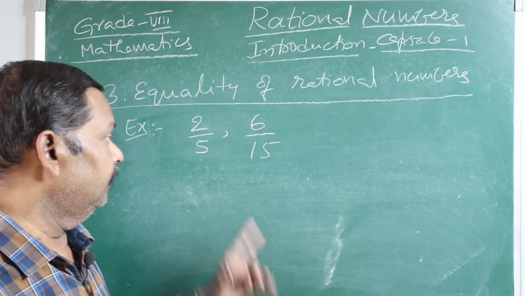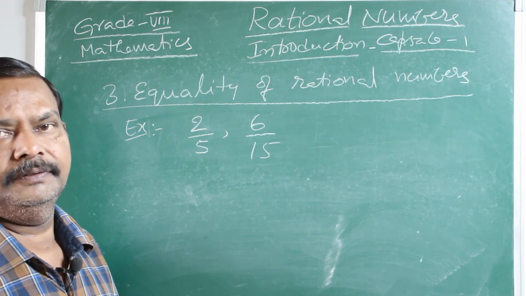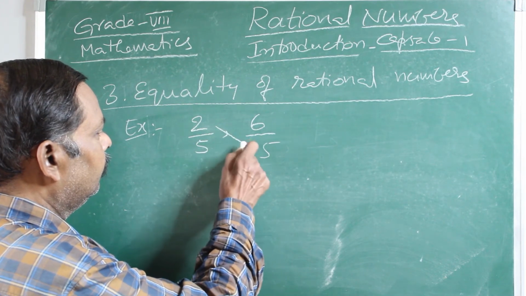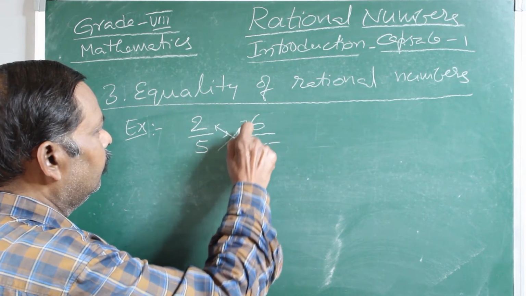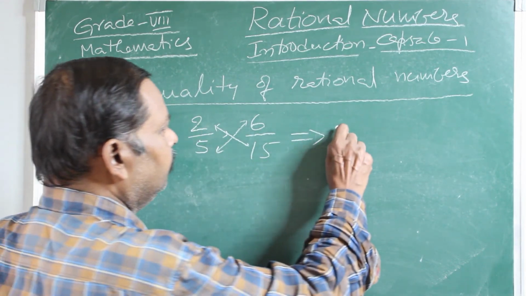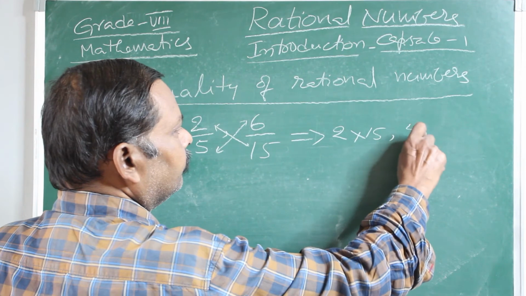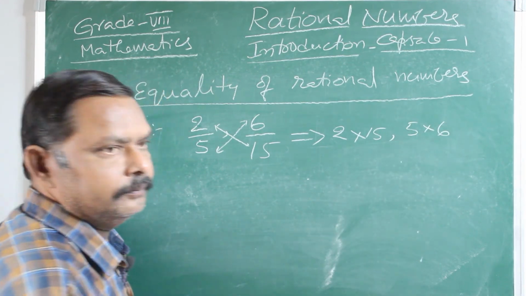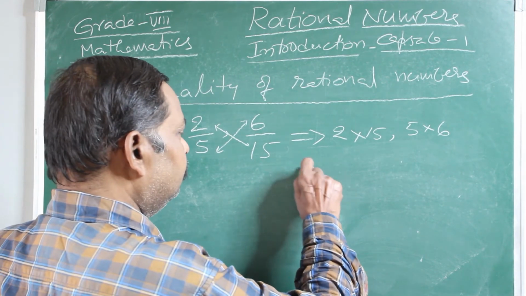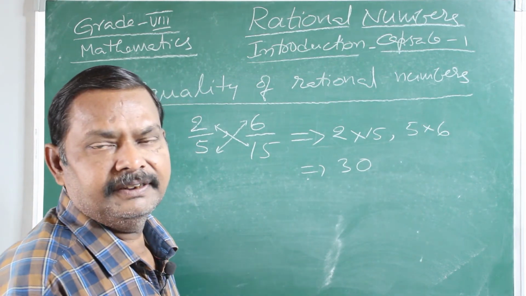Now let us check whether these two rational numbers are equal or not. For that, first you have to take the cross multiplication. First is 2 into 15 and 5 into 6. 2 15s are 30. 6 5s are also 30.